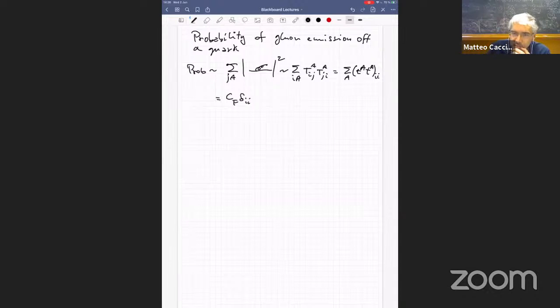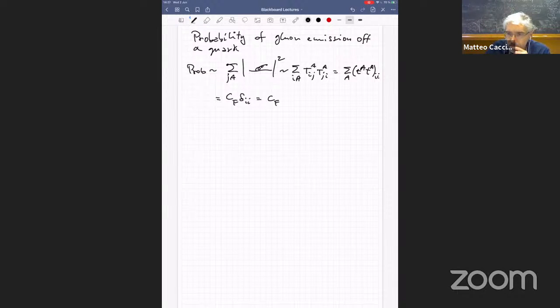So what does this tell us? This tells us that the probability of gluon emission of a quark is, actually, sorry, since I'm not summing over i, that's simply C_F.